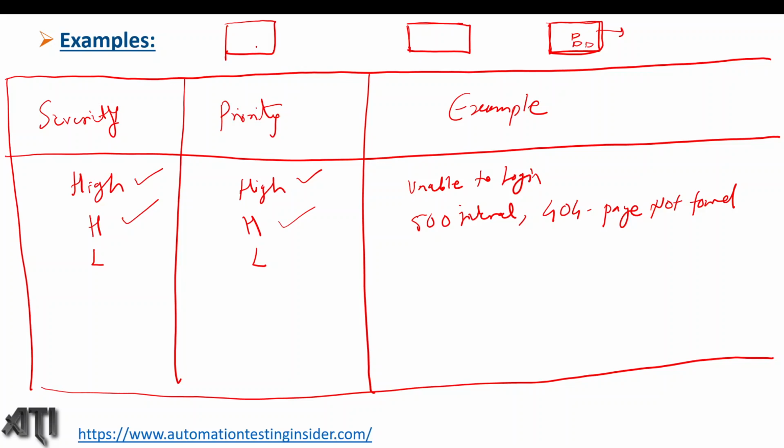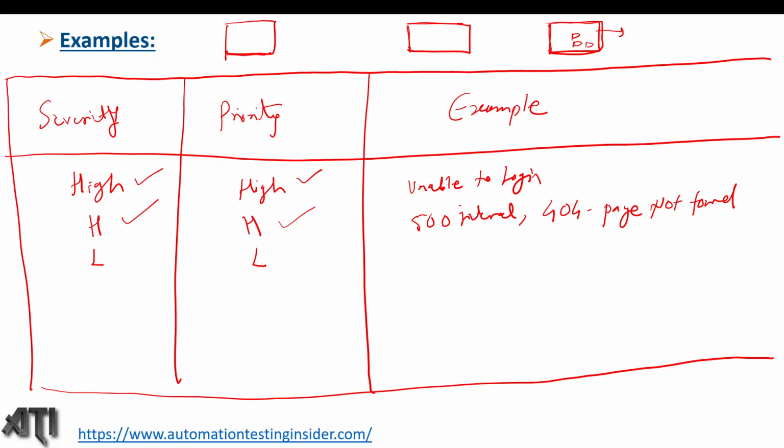That is an example of low priority, because it is a spelling mistake at the end of the page, at the bottom of the page, so it does not have that much importance, correct? And why is it low severity? Because it does not have any impact on the application. There is no impact functionality-wise, correct? So that is an example of low priority and low severity, any spelling mistake.